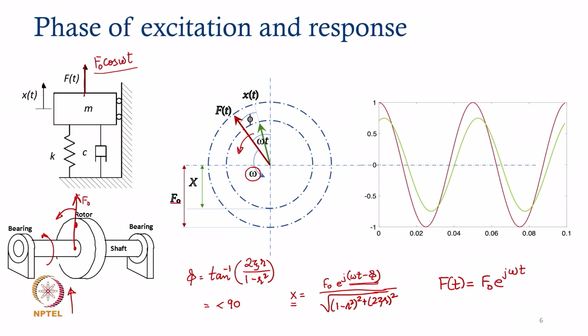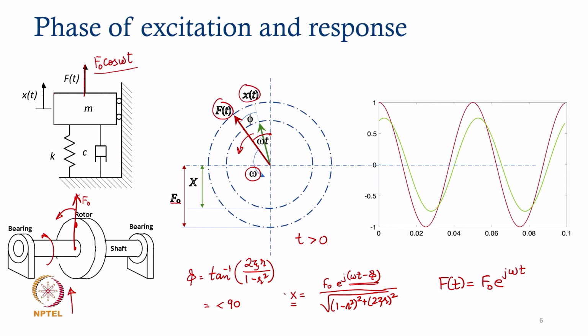So, in a phasor diagram, this can be shown like a vector rotating with the speed of omega. At any instant of time t greater than 0, this is a snapshot of the two vectors, the force vector and the response vector.